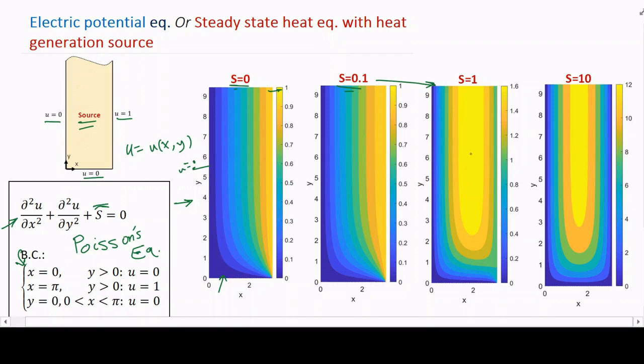For example, in this case the maximum temperature can reach even 1.6, which is larger than the temperature of 1 that you apply on the right hand side. The reason is that you generate some excess heat inside your material, and that results in a larger temperature value inside the material.